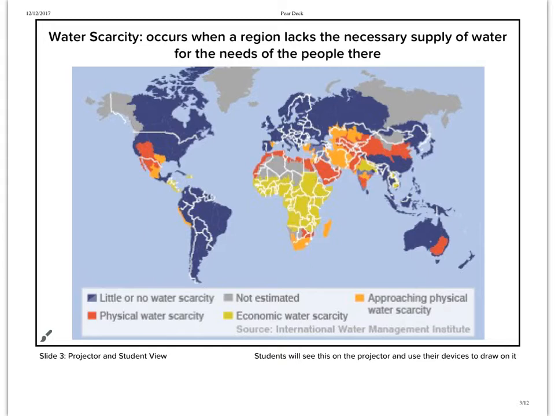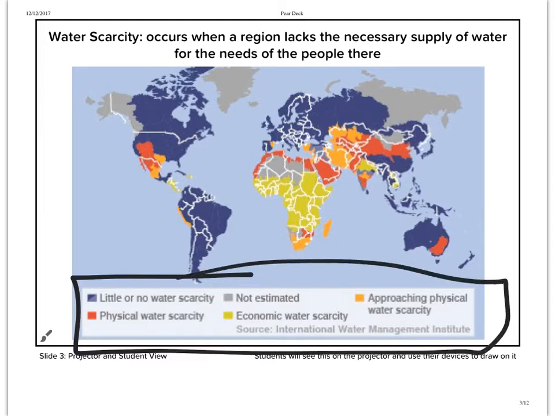So looking at this map, this is a map of water scarcity in the world. In order to understand the map, we need to look at its key. That's right. We need to look at the key in order to understand what we're seeing on the map. So you'll notice that the different colors refer to how much water scarcity is going on in that region. So if it's purple, it's little or none.